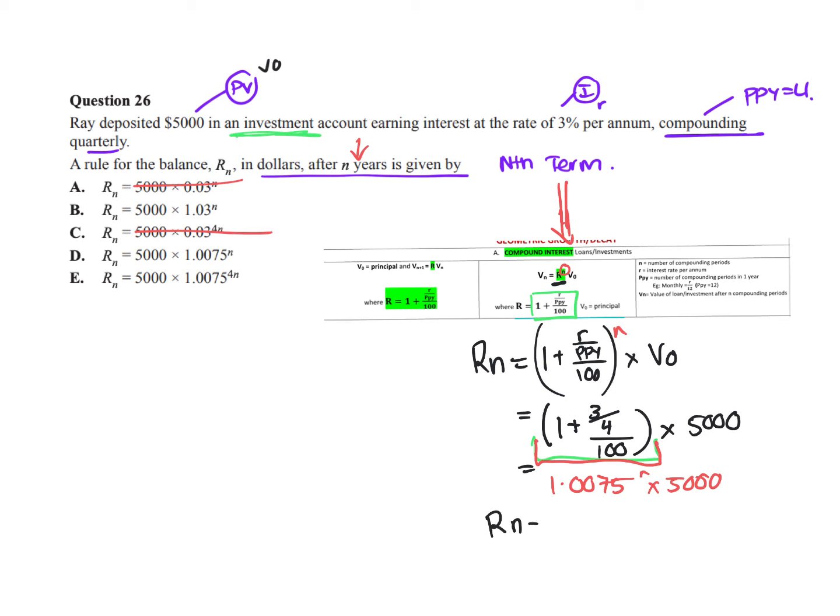We have just found the formula for the nth term of the periods. This is for quarterly, because our rule was for quarterly. So times 5,000. Because they asked us after n years, there are 4 quarters in a year, in order to get 1 year, so we'd have to put 4 there. So that's why this is E.